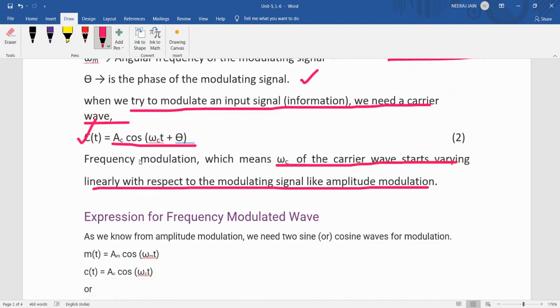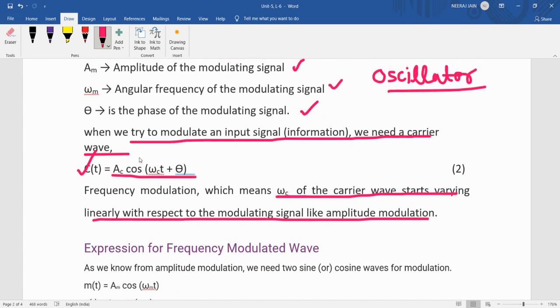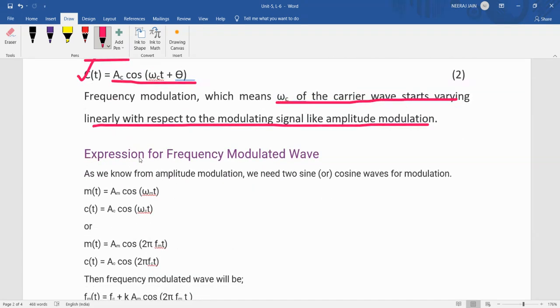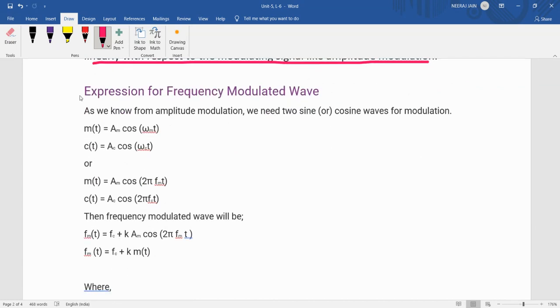We have studied the Wien bridge oscillator and RC phase shift oscillator already. Now the expression for frequency modulation.